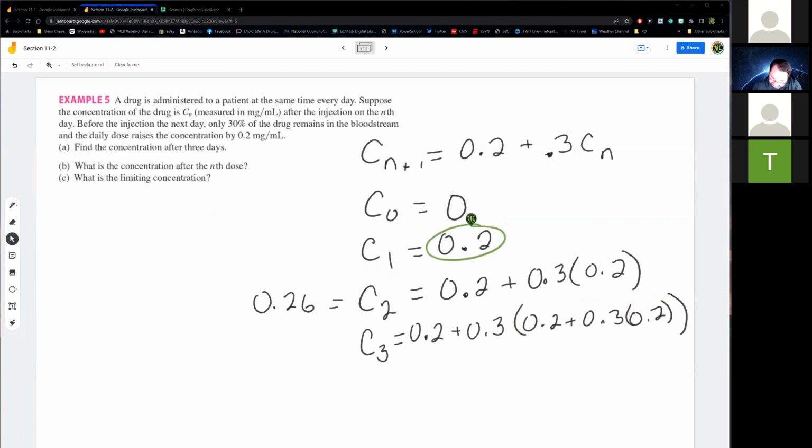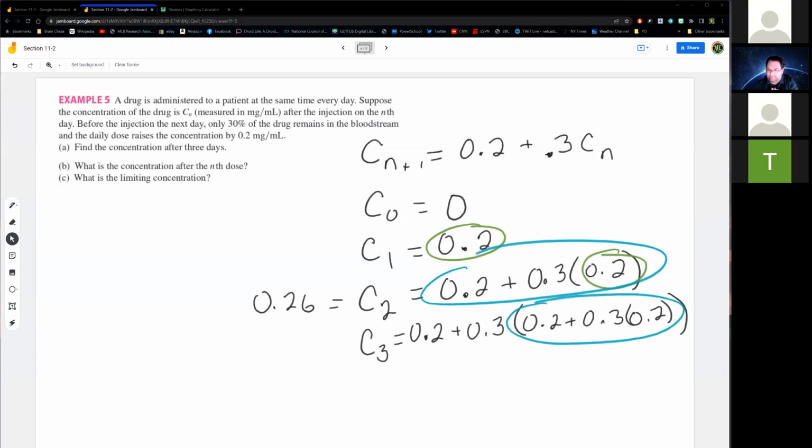So that goes there. That goes there. So it's building on itself because that stuff's still in my system.